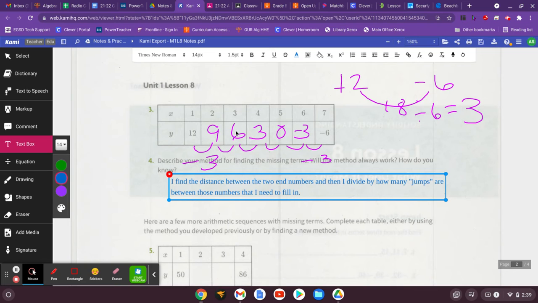Notice I didn't say how many empty boxes were between them, but how many jumps, how many times I need to repeat that operation to fill it in.